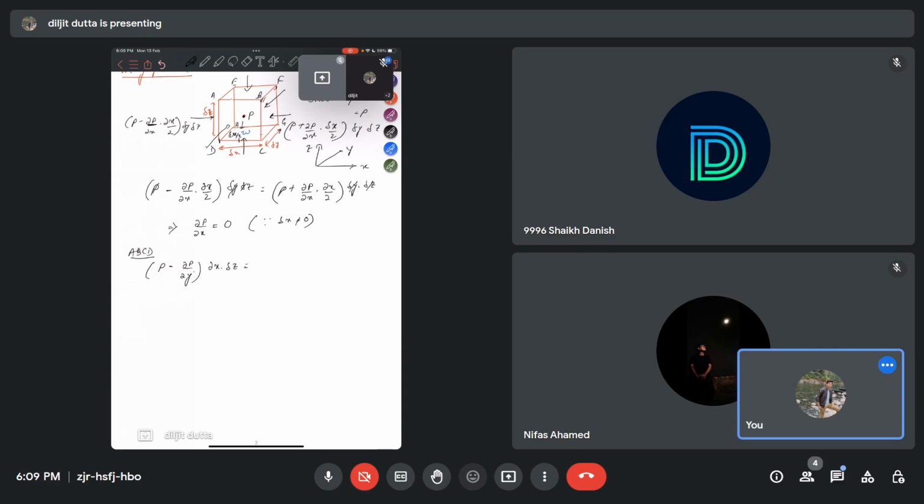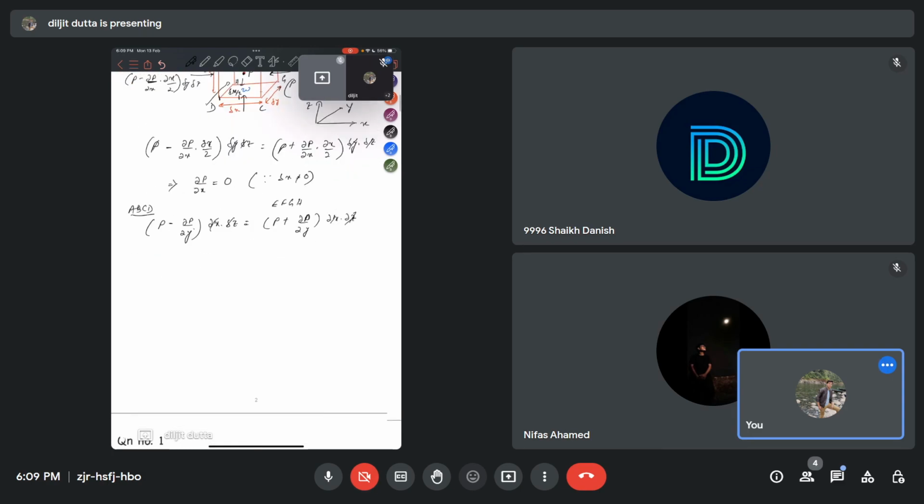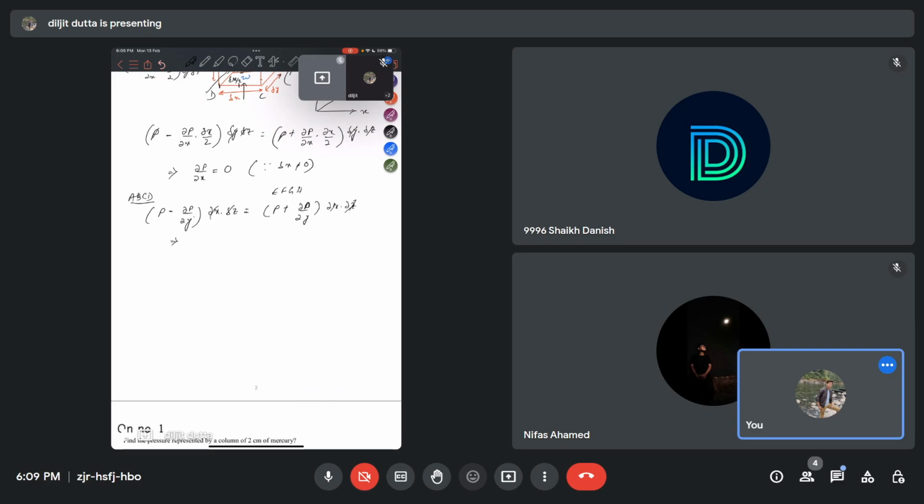This is the total force on surface ABCD, and the total force on surface EFGH will be P plus del P by del y. These two forces will be equal, since the system is in equilibrium in the y direction also. If we equate this, you will get del P by del y equals 0.